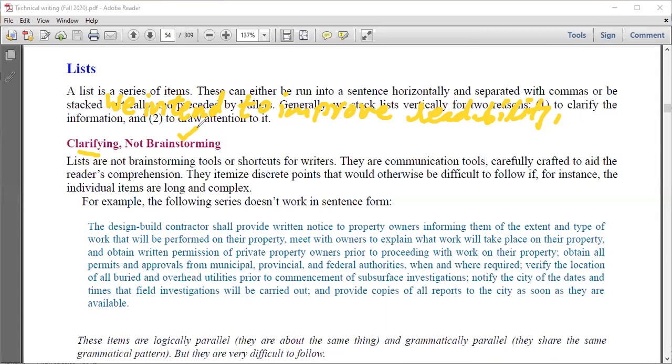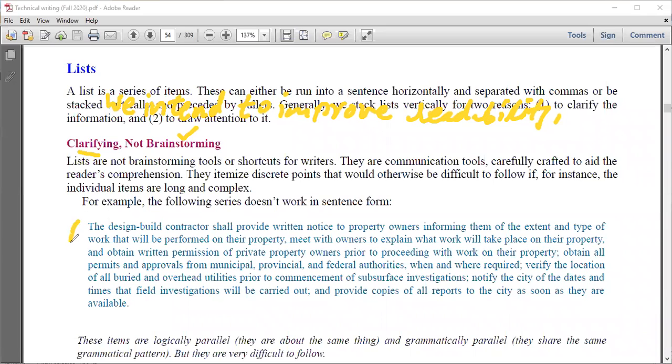When we are brainstorming, whatever comes to our mind, we just jot it down. Whereas in a list, we need to establish some logical relationship among the different items, so we have to put them in sequence. Lists are not brainstorming.